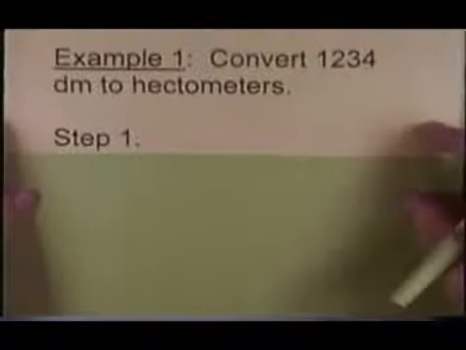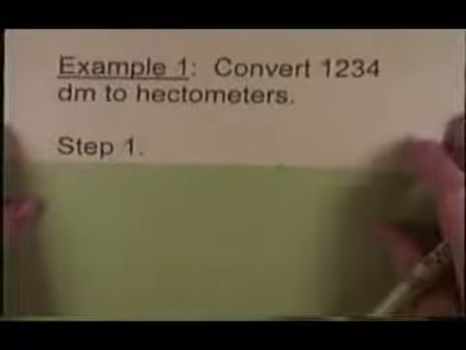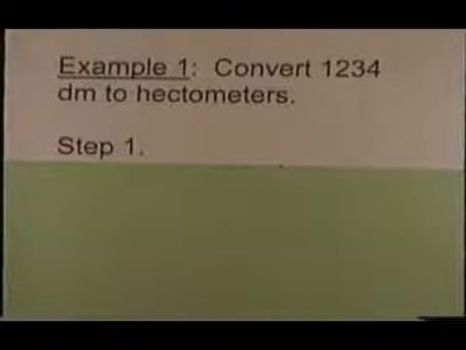Finally, we need to perform the multiplication or division to get our answer. Let's look at an example. We're going to convert 1,234 decimeters to hectometers.